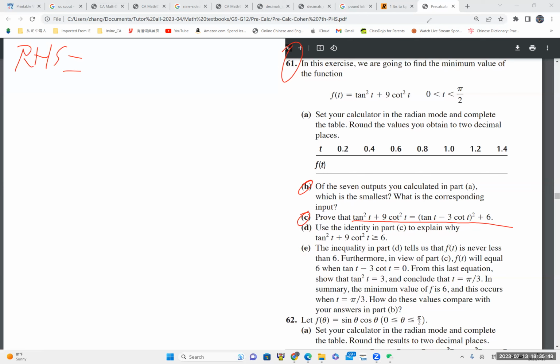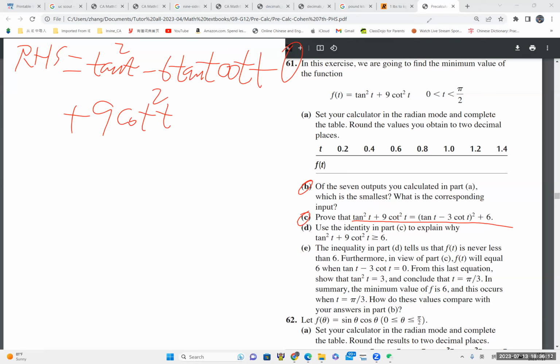Equal to tangent t squared minus 6 tangent t cotangent t, right? Then plus 9 cotangent t squared. Yeah, too many t's here. Then plus 6, right? We know tangent t and cotangent t are reciprocals, so this just equals 1.